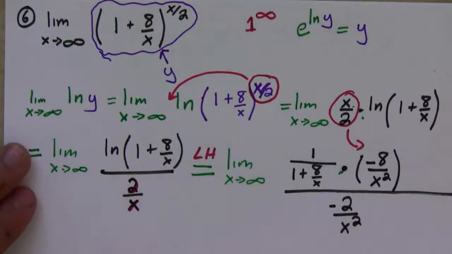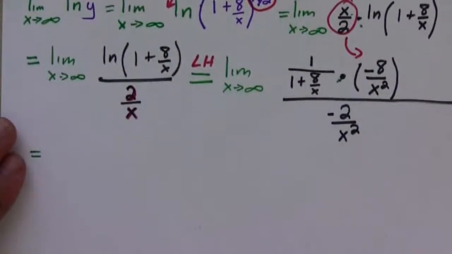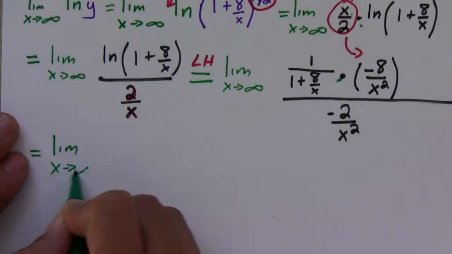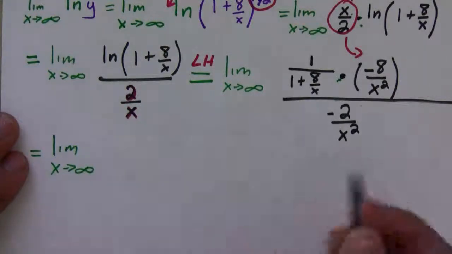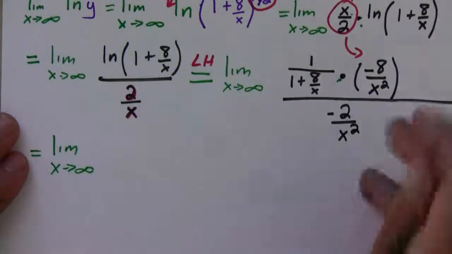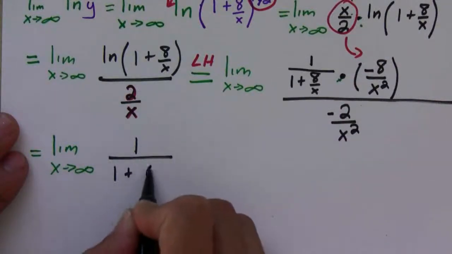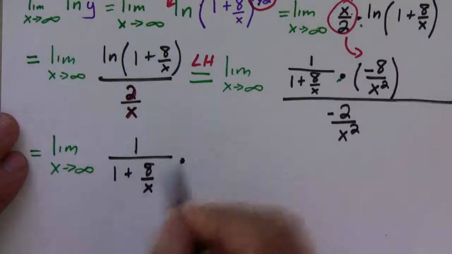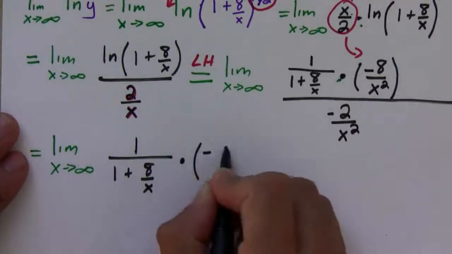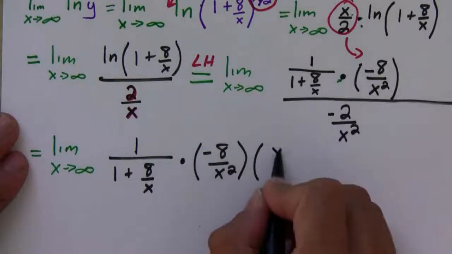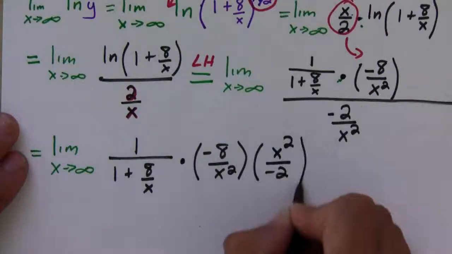Okay, let's do a little simplifying here. This is equal to the limit as x goes to infinity of, if I invert and multiply this one, 1 over 1 plus 8 over x times negative 8 over x squared times x squared over negative 2.